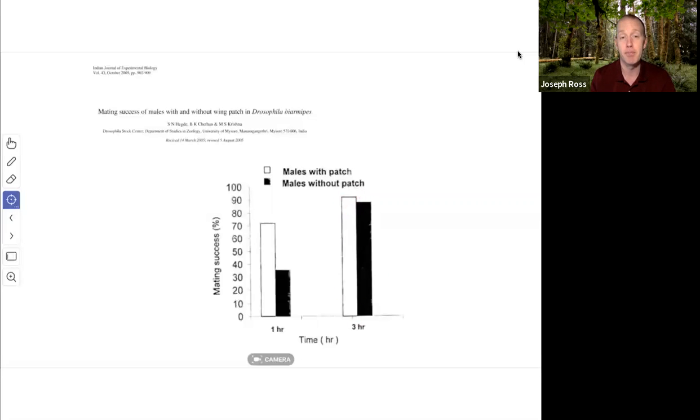So this is an evolutionarily important change in pigmentation. The spot matters. The wing spot, the pigment spot in Drosophila biarmipes, does have a fitness effect. It's useful when it's there, and it's not useful when it's not. So that's why this is a really useful evo-devo system to look at. How did this patch evolve?